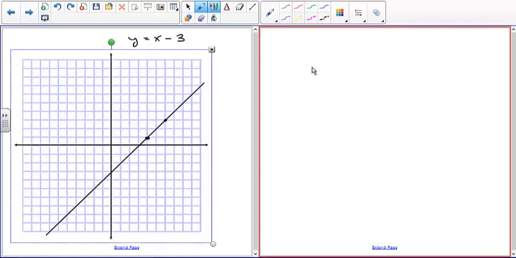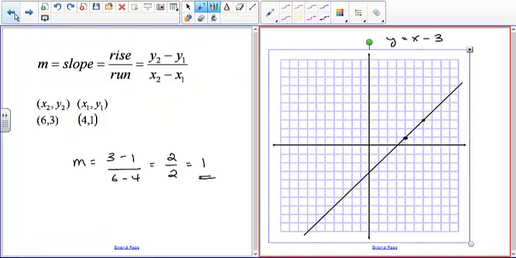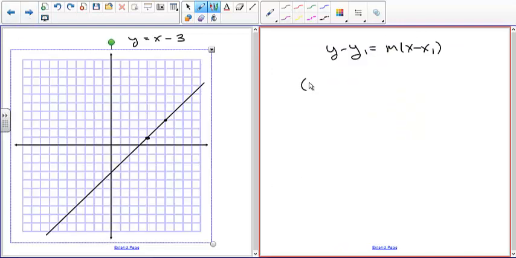But what you can do is use the point slope form of the linear equation to just use the information that's given. And it doesn't matter which point you use, 4 comma 1 or 6 comma 3, you'll still get the right answer. We use 4 comma 1, so that's x1, y1.